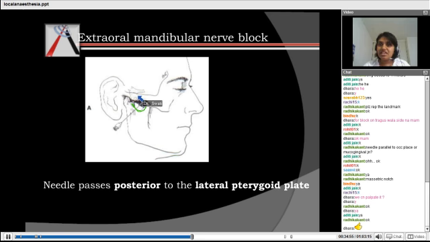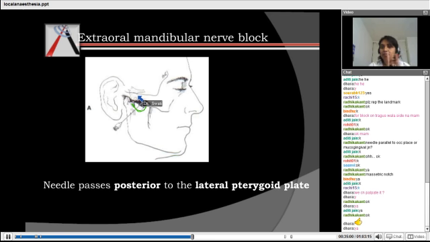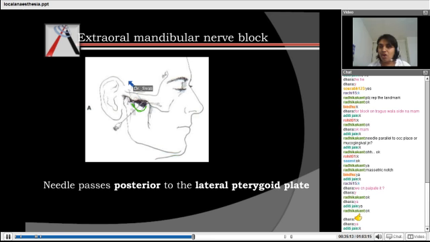If you go behind the lateral pterygoid plate, you're going to block the mandibular nerve. But if you go anterior and upwards to the lateral pterygoid plate, you're going to block the maxillary nerve. This is the extraoral technique for the mandibular as well as the maxillary nerve. All you have to do is change the direction. Clear?